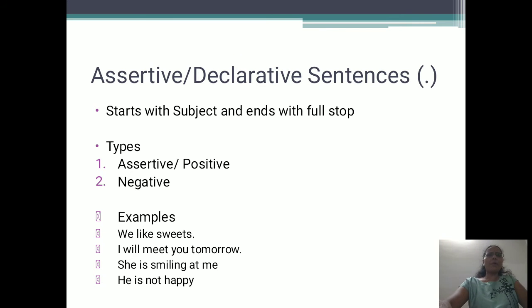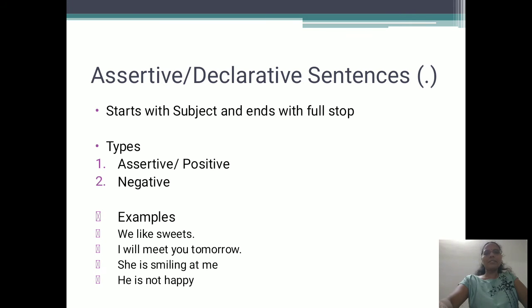First, I will focus on assertive sentence, or we can say a declarative sentence. An assertive or declarative sentence starts with subject and it ends with full stop. The word order of this type of sentence is subject plus verb plus object. There are two types of declarative sentence, that is positive sentence and negative sentence. We can say affirmative sentence also for positive sentence.